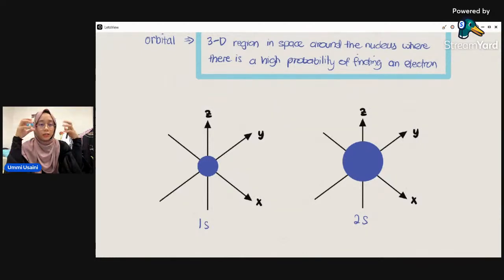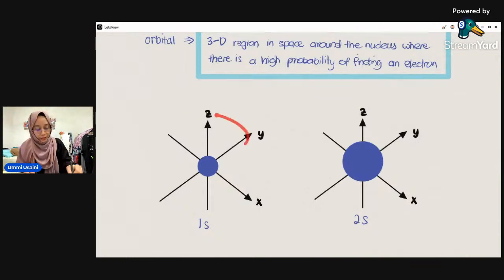Kalau kita tengok the drawing itself, it is obvious dia berbeza in terms of size. Okay. And then apa lagi sebenarnya yang Miss ada label dekat both diagrams dekat sini. What else can you see? Energy level. Yes, energy level. Betul. The one on the left, okay, energy level dia adalah berada dekat n equals to 1.